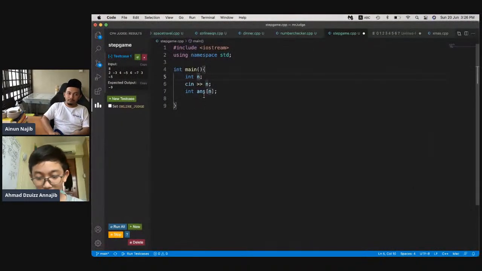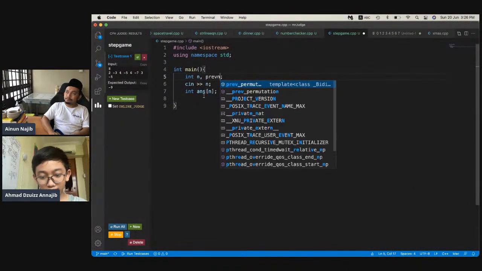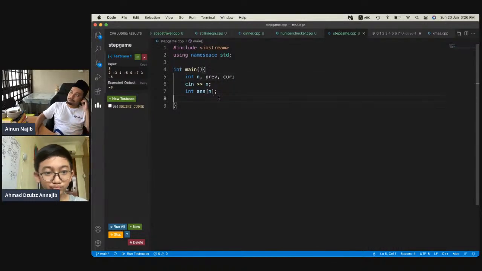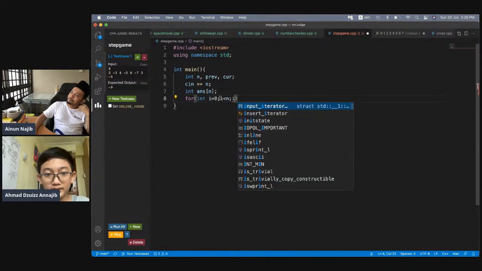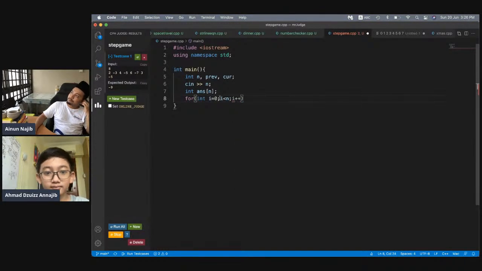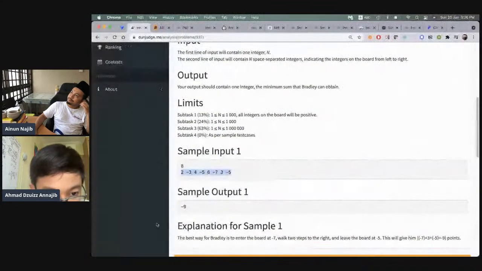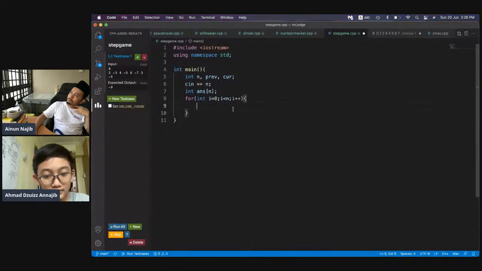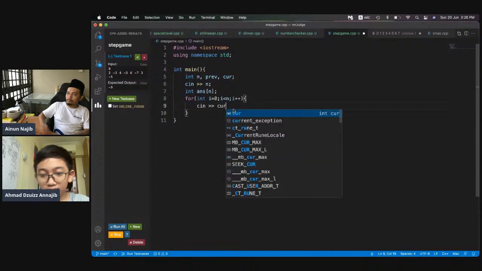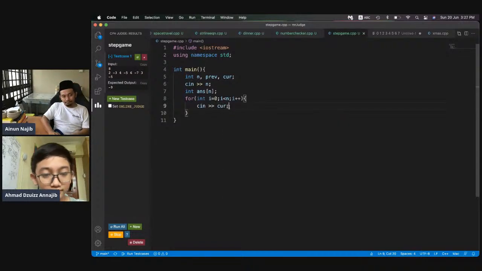So there is prev, previous, and current. And for int i = 0; i < n; i++. So we get this. And then I get the current, and then I check.